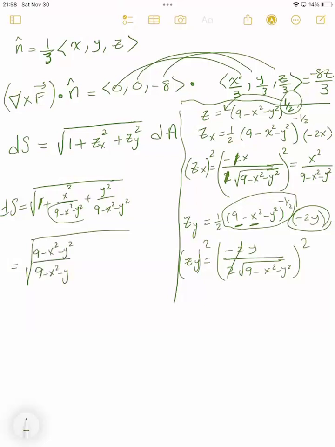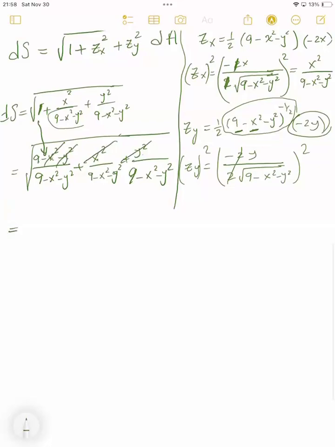That's my 1. And then I have the other 2 terms. Now that they have the same denominator, I'm allowed to add the tops. The top is 9 minus x squared minus y squared plus x squared plus y squared. So they cancel each other.